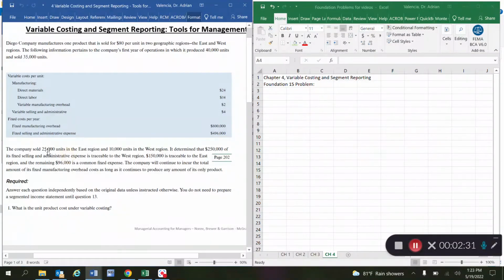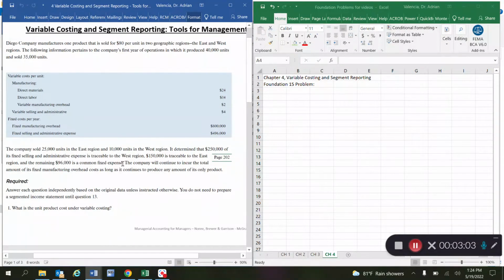We're told that the company sells 25,000 units in the East and then 10,000 in the West. Okay, so those are the 35,000 units just in two areas. It determined that 250,000 of the fixed selling and administrative expenses, of this amount, of the 496,250, is traceable to the West, 150 of the 496 is traceable to the East, and then the remaining 96 to sum up to 496 is not traceable to either one, so it's a common expense.